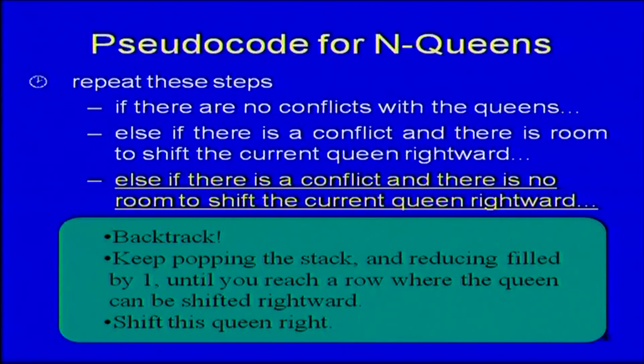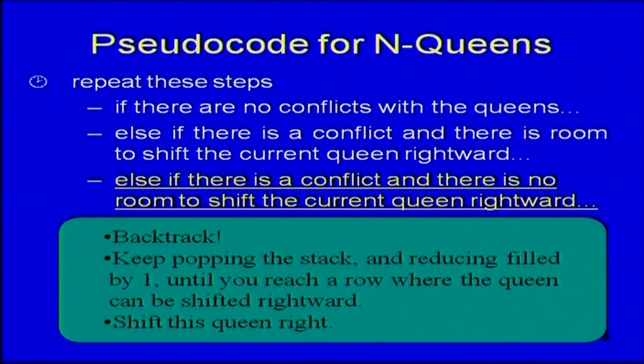Now, even that you cannot do, you are in a position where you cannot fill, there is a conflict, cannot move rightward and fill because there is a conflict again. Then if there is a conflict and there is no room to shift the current queen rightward, this is the place where you have to do the backtrack. So, what you do, you keep popping the stack and reducing the fill by 1 until you reach a row where the queen can be shifted rightward.